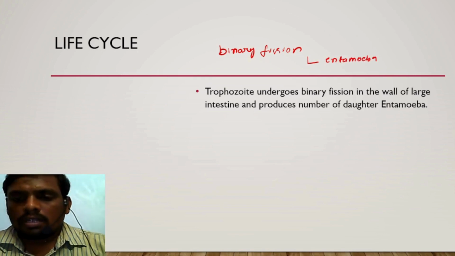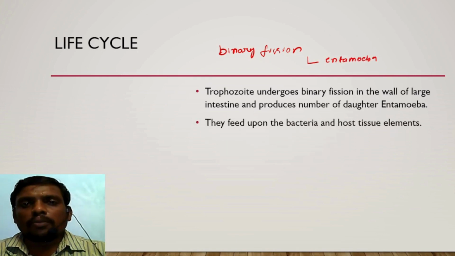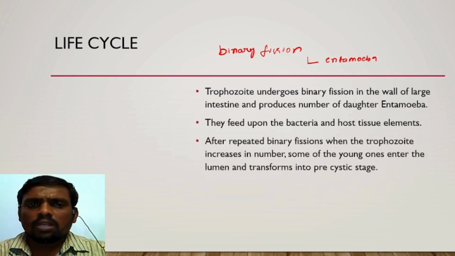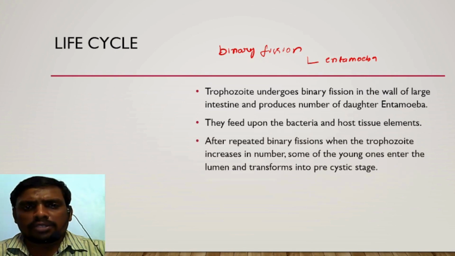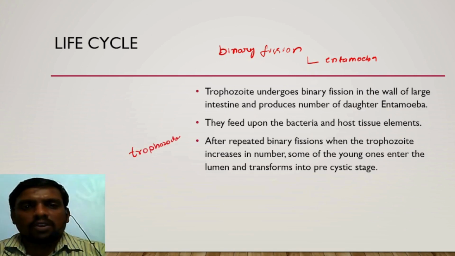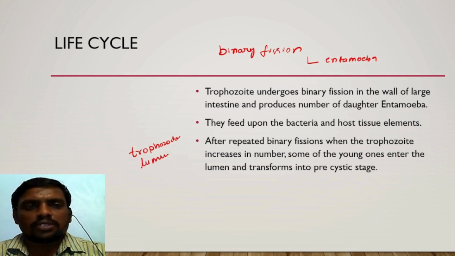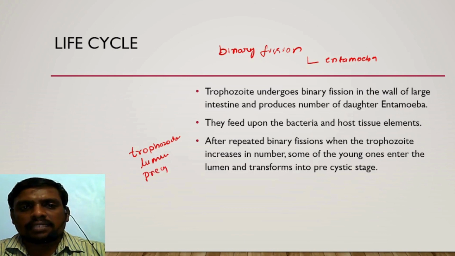They feed upon the bacteria and host tissue elements. After repeated binary fissions, the trophozoites increase in size. Some of the young ones enter into the lumen of the large intestine and transform into the pre-cystic stage.